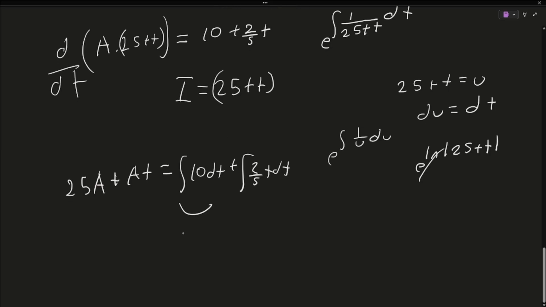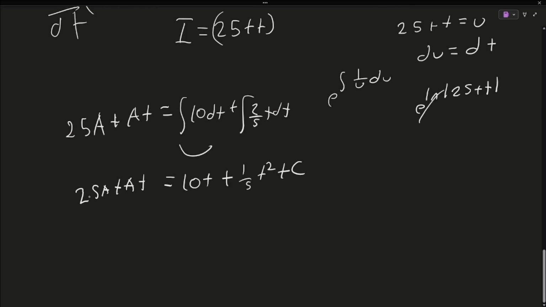So this will be 10t plus 2 over 5 t squared over 2, so just 1 over 5 t squared plus C. And this right here is our solution, and we will have this expression on the left hand side.